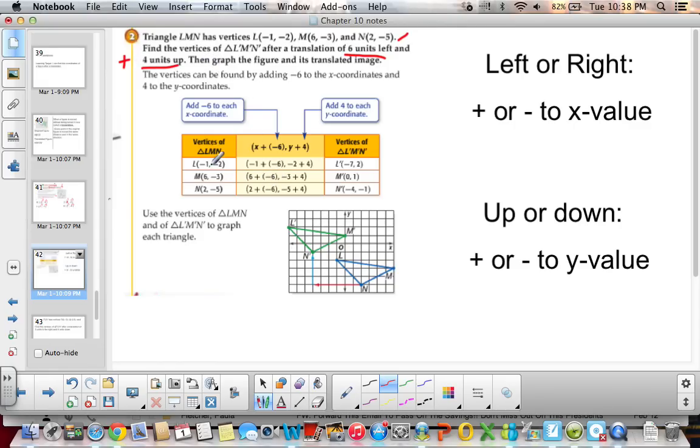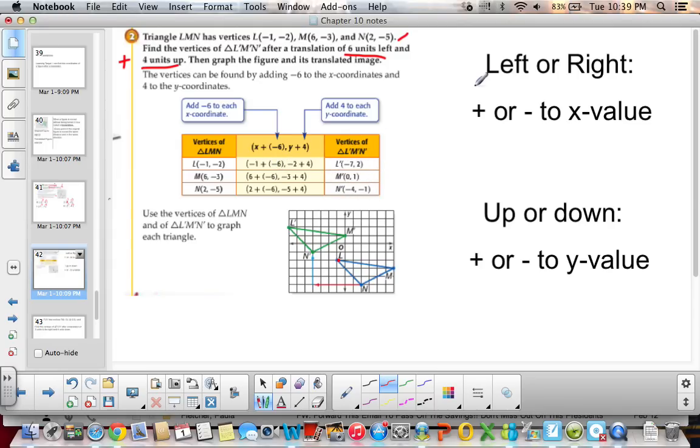If you look here, these are the vertices of LMN, our original figure. We look at -1, -2, which is right here. We're going 6 units left, so we're adding -6, or we can subtract 6, to each of the x's, because left goes with x, and then we're adding 4, because we're going 4 units up, to all of our y's. And then we add them all together, and we end up with our new translated figure.